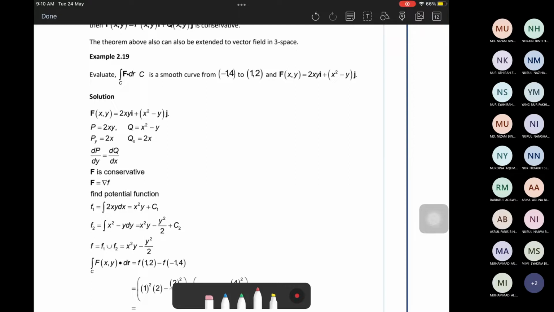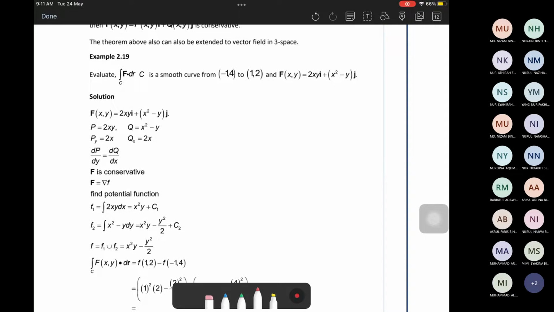Dia tak bagi lengkuk ke dia tak ada bagi. Dia bagi 2 points P and Q, dan terus cari line integral.